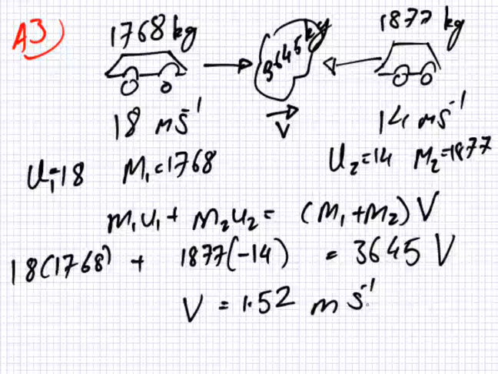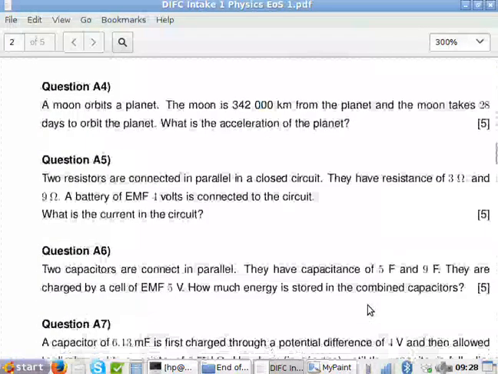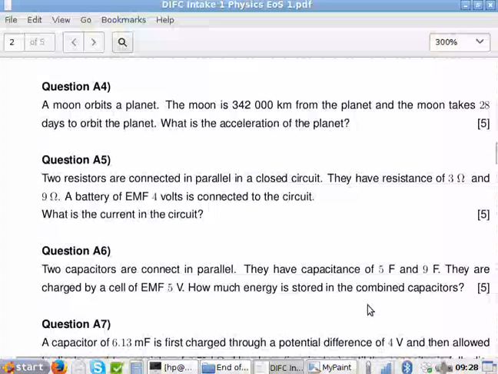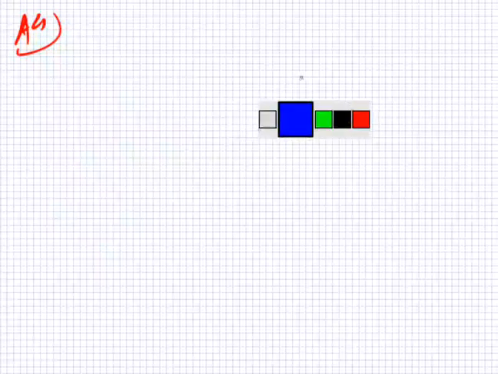But so many people, in fact, possibly everybody, overlooked this part of the sentence, opposite direction. Meaning that this speed was 18 and its velocity was 18, but this one had a velocity of minus 14 because it's going in the opposite direction.